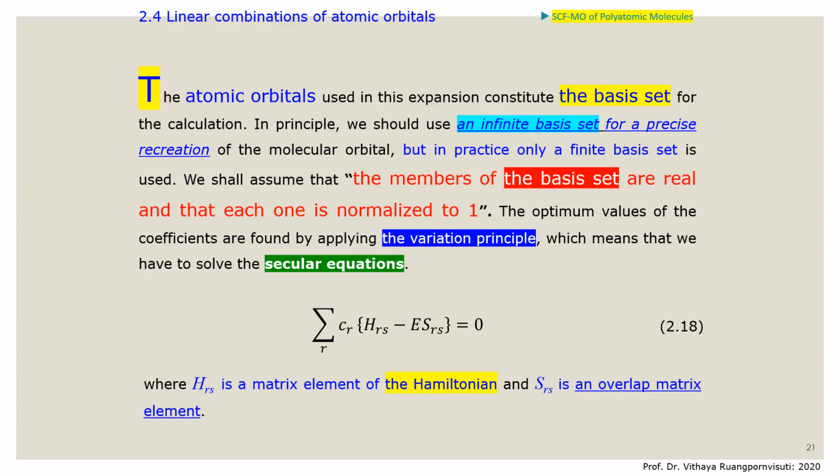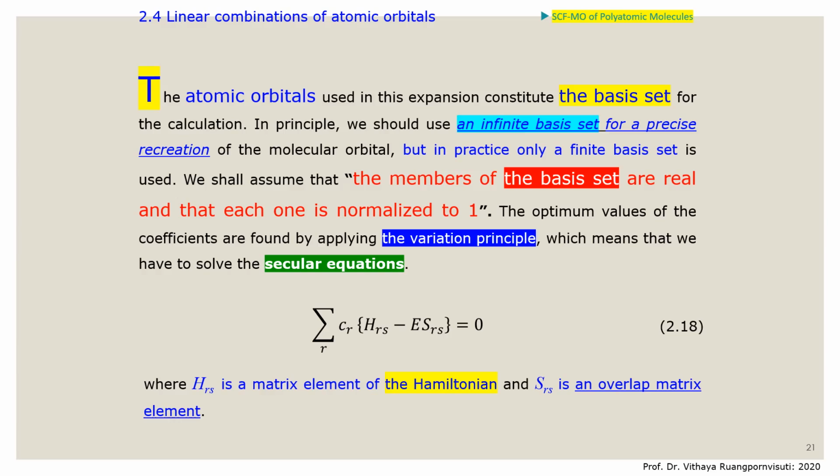The atomic orbitals used in this expansion constitute the basis set for the calculation. In principle, we should use an infinite basis set for a precise recreation of the molecular orbital, but in practice, only a finite basis set is used.